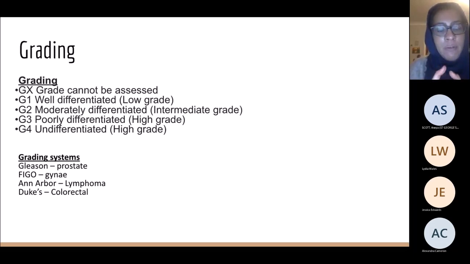So rather than looking at how far the cancer has spread, it's looking at how well differentiated the cells are, which in and of itself can give you a good idea of how far down the line you are with that cancer, if that makes sense. The higher the grading you have, the more poorly differentiated the cancer cells are, which would suggest that you are in a higher grade, meaning you are further down the cancer staging, and you've got a poorer prognosis, basically. I hope that makes sense so far.